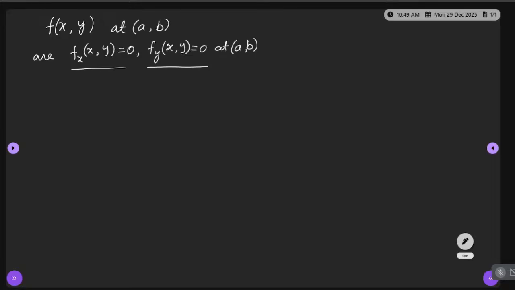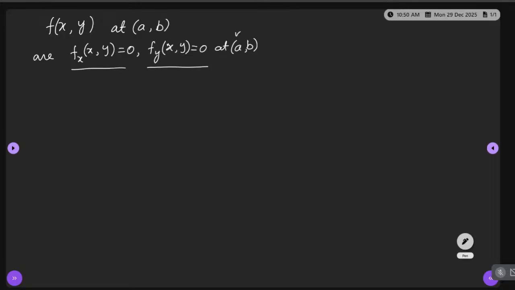Write down: fx means derivative of f with respect to x, keeping y constant; fy means derivative of f with respect to y, keeping x constant.